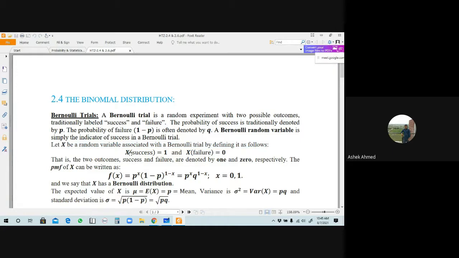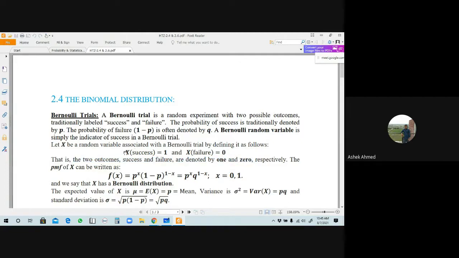If X is success, the corresponding value of X is 1, and if X is failure, the corresponding value will be 0. So those are the two outcomes, success and failure, denoted by 1 and 0. Understand?